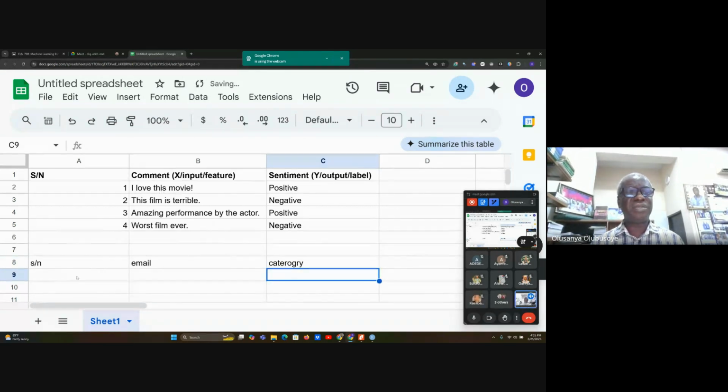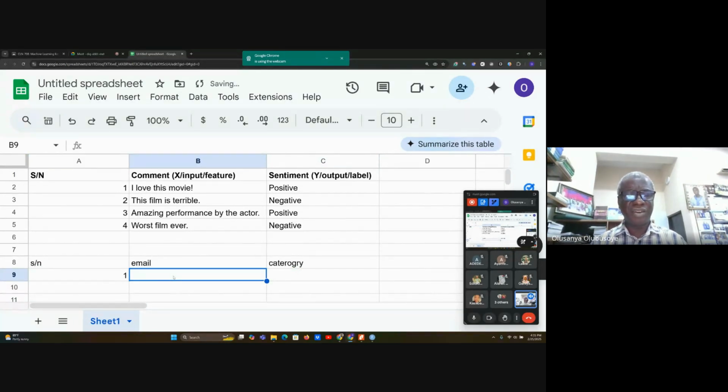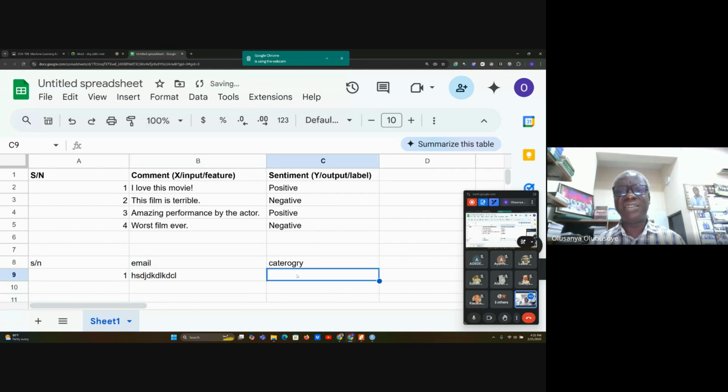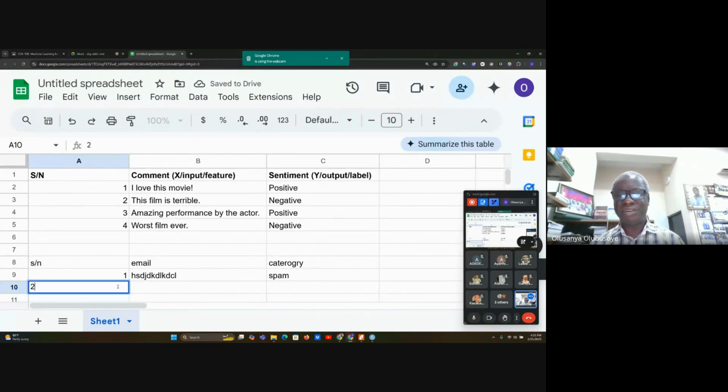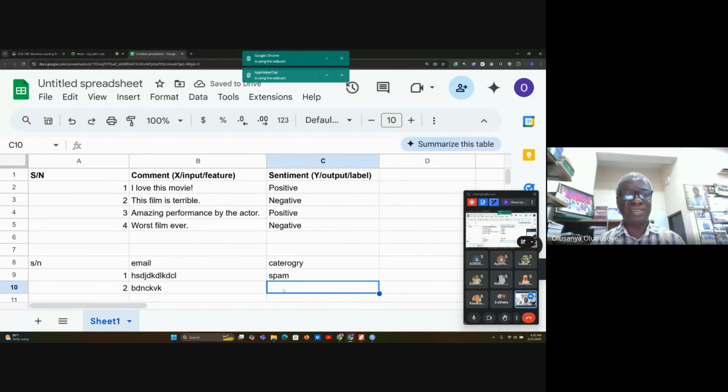So the first email will be here, and the content of the email will be here, and then for the category, you can say whether it is spam or not. Then you take the second one, put the email there again, and indicate whether this is not spam.